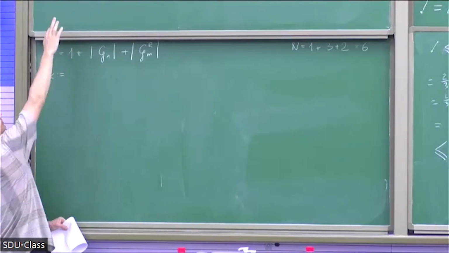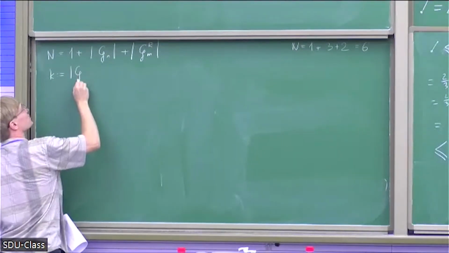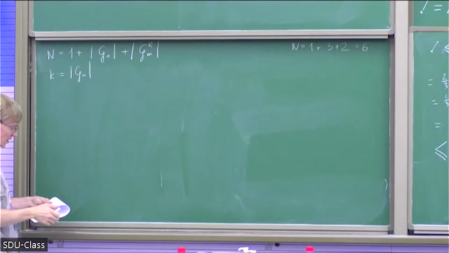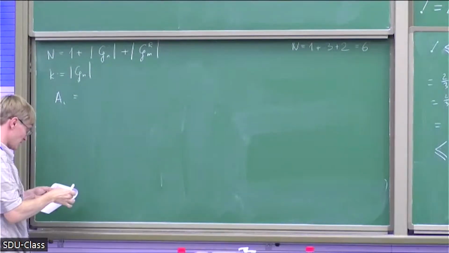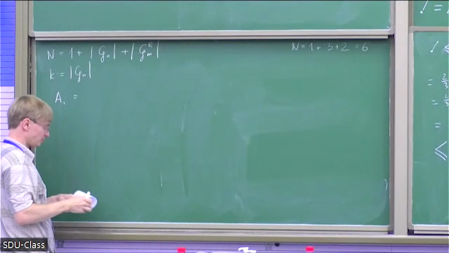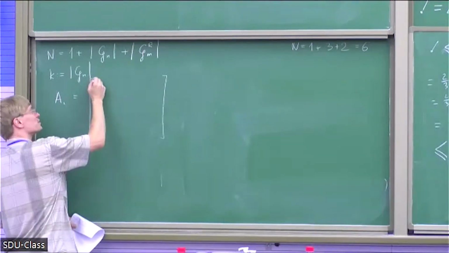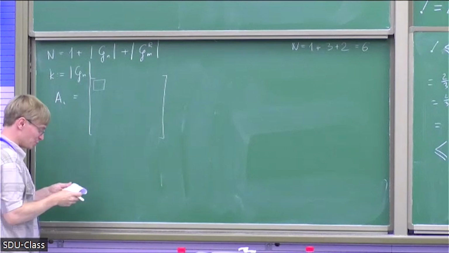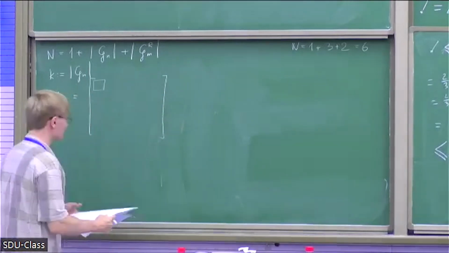Now, K, which is the number of the matrices there, will be just the number of graphs on n vertices. And each matrix, its Ai, will be looking the same. I need to define a 6 times 6 matrix. So in the first corner, it will be just -1, always.